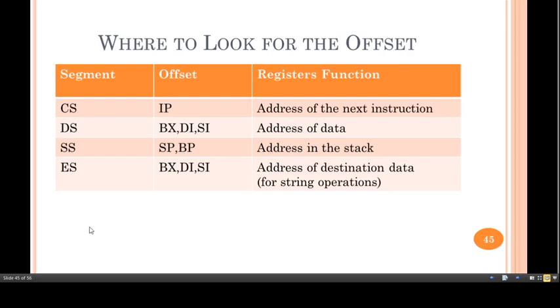And for ES, the three registers BX, DI and SI represent the offset for the ES register. These three registers represent the address of destination data in case of string operations.